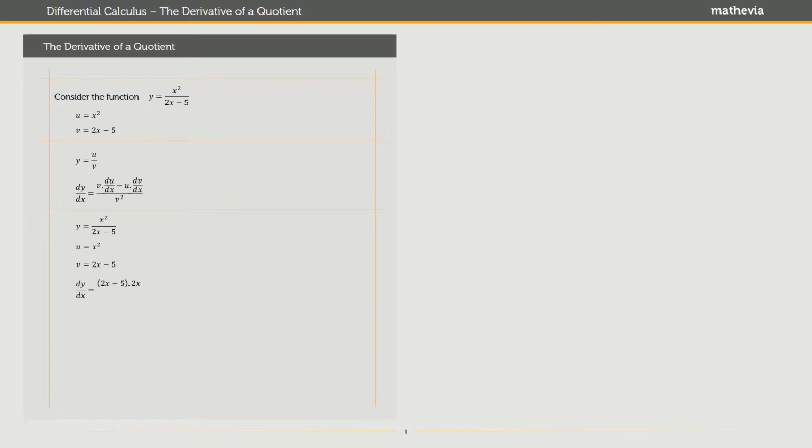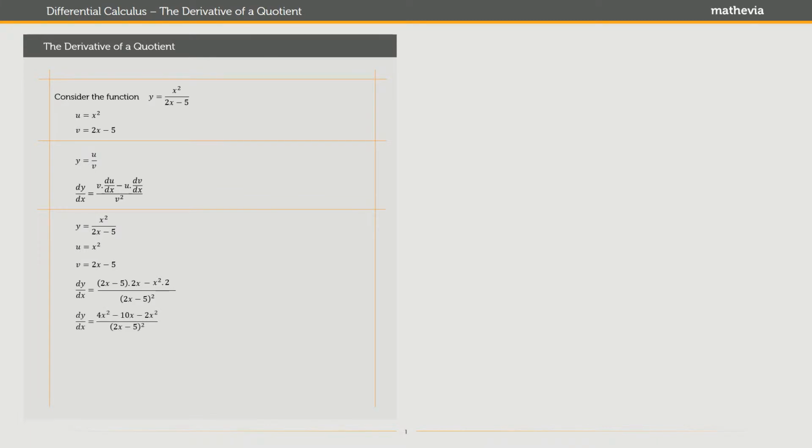So we have 2x minus 5 multiplied by 2x. And then we have minus, and the next thing we're going to do is keep u constant, so x squared multiplied by the derivative of 2x minus 5. The derivative of 2x minus 5 is 2, so we have x squared multiplied by 2, and then we have all over v squared.